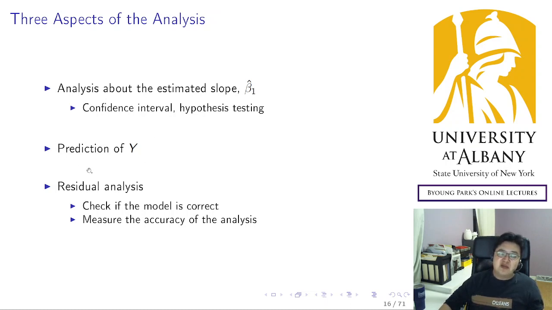Maybe this is a more practical application of the results. And finally, we will study the errors. There are unexplained parts which are considered simply random errors, but we will study how good our estimation is and how much we can explain the variable. So from the amount of the errors, there may be some potential analysis. So we will look at the errors in the third step.